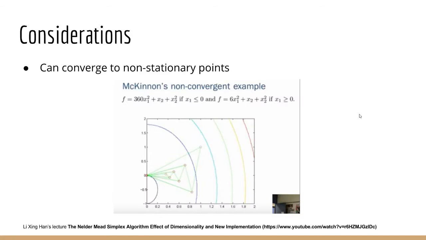Some considerations are that the Nelder-Mead algorithm may converge to a non-stationary point, that is to say, a point that's not a minimum of the function. This is a famous counterexample that shows the non-convergence of the Nelder-Mead algorithm. In this function, the algorithm converges towards 0, 0, as you can see by the triangles, even though this is not even a local minimum.